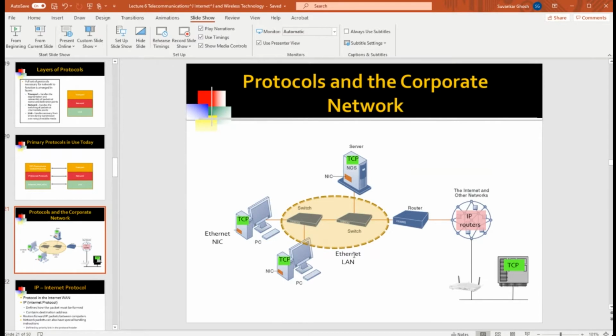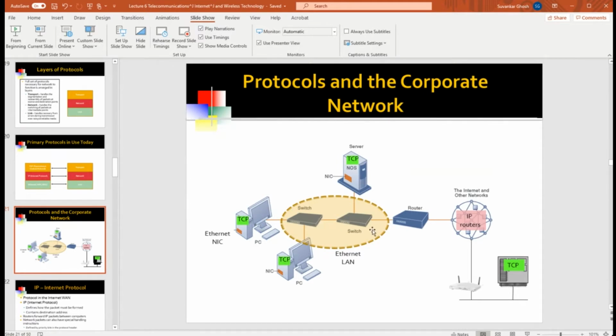If you focus on the middle ellipse here, you see 2 switches, and there's a communications link connecting those 2 switches. Now, a packet arising at this source switch travels to that destination switch.